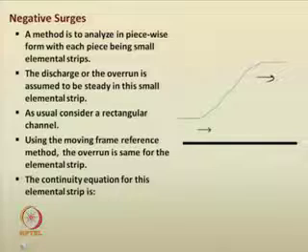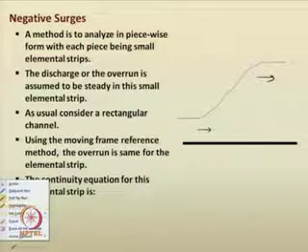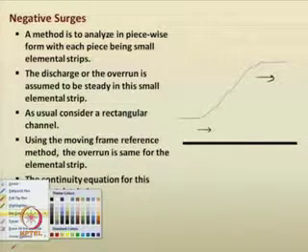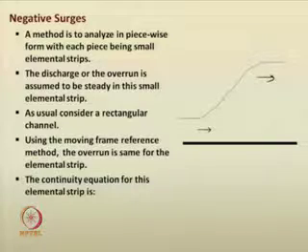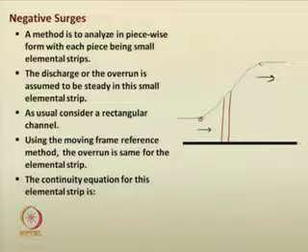I will change the color for better visualization. I am taking a small elemental strip from the wave. The entire reach of the wave is from this location to this location, as you have previously seen for hydraulic jumps.